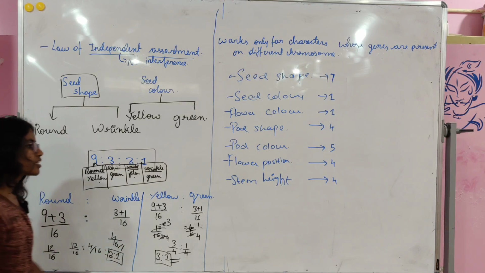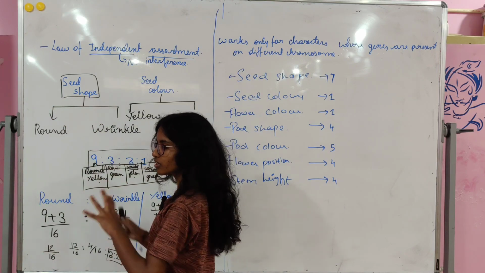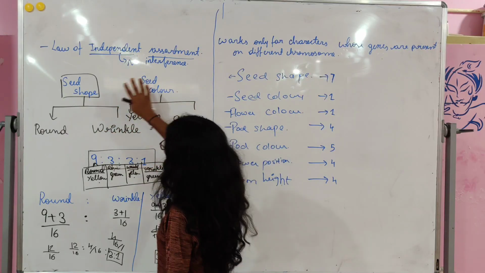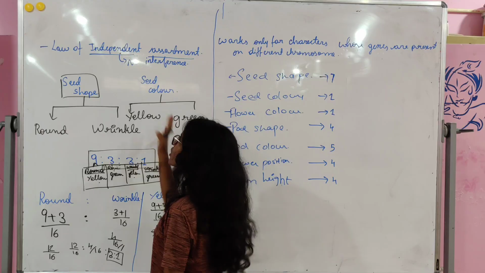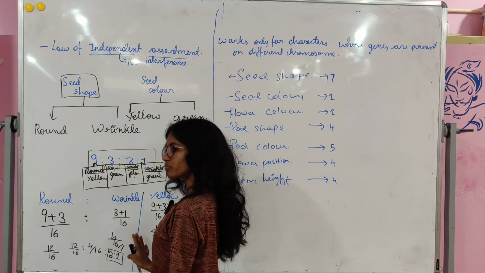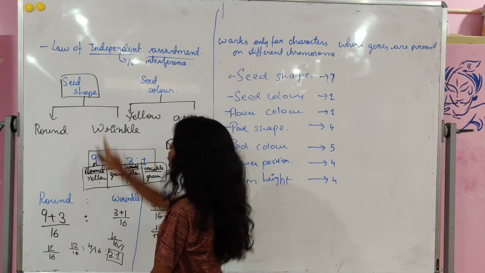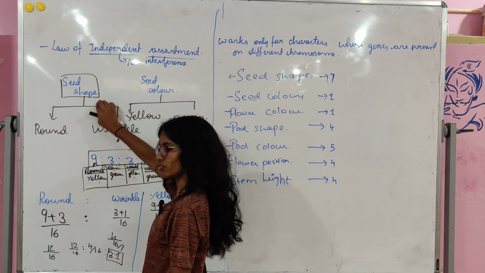When it was single, seed shape alone, that time also it was 3 is to 1. Now seed shape and seed color are combining, right? So when combining also, it will be the same. It will not interfere.